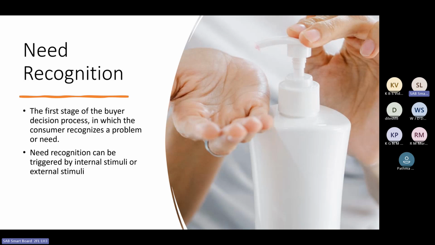Likewise, we might have different needs for buying a particular product. So before buying a product, we need to identify the need we have to satisfy. For example, during the COVID-19 period, we had no way of going to universities, schools, or tuition classes.